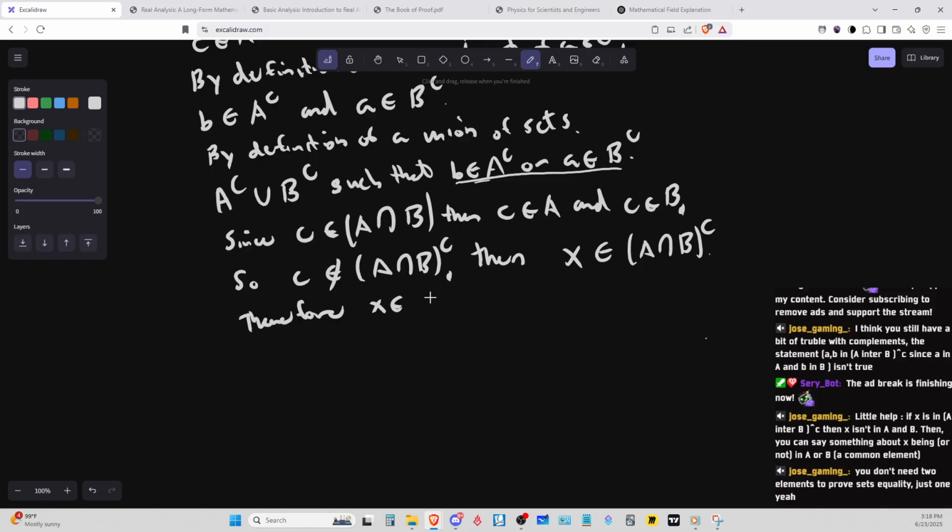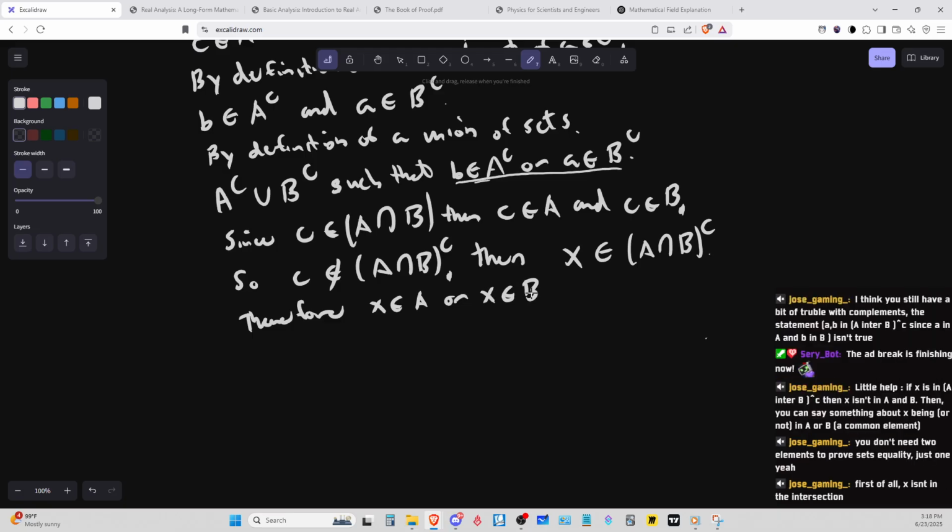So if it's not in the intersection, then maybe I can just write it. It's that analysis paralysis thing again. Now I'm thinking that X is in the complement of A or it's in the complement of B. So maybe write that, I guess.